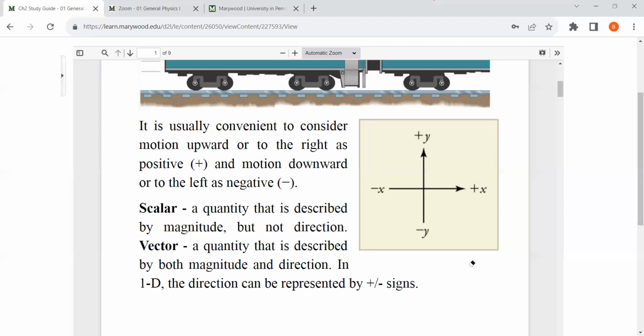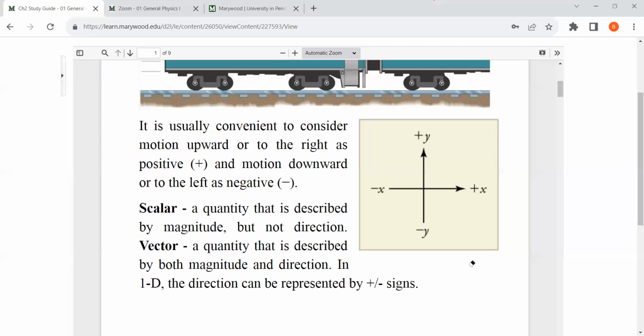For example, if you go east, you have to mention that you are going east to describe that quantity. In the next slide we will be learning our first vector quantity, which is displacement.